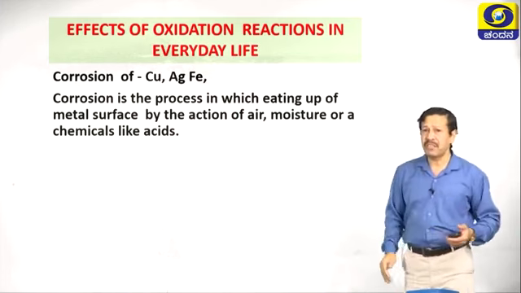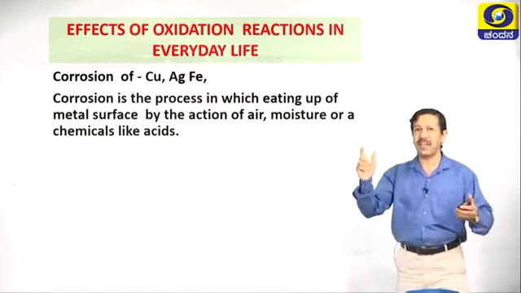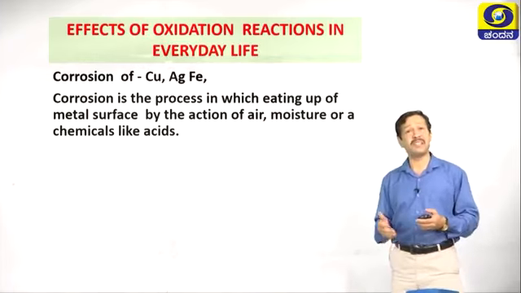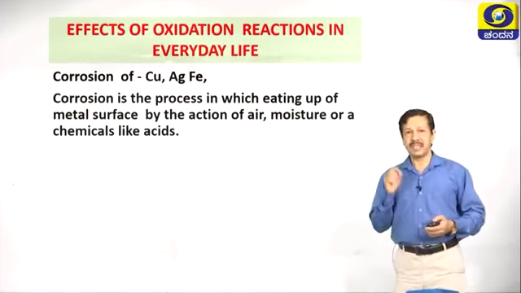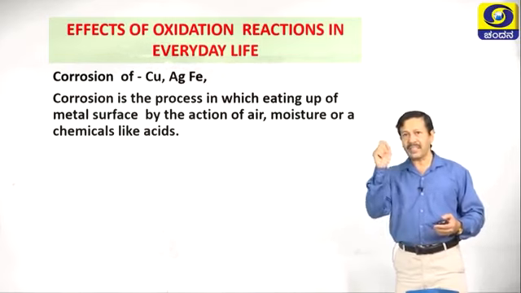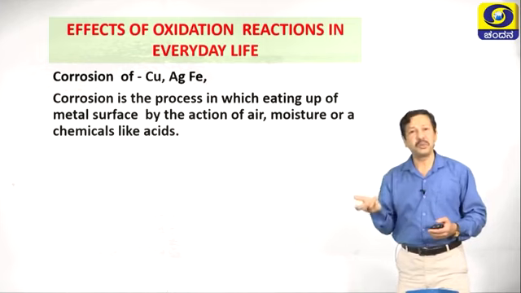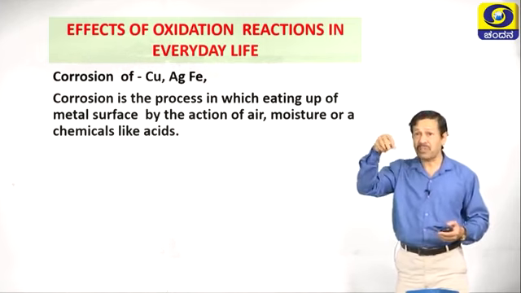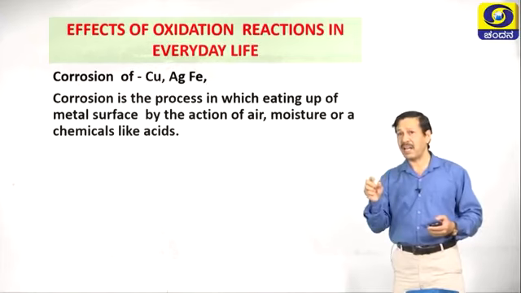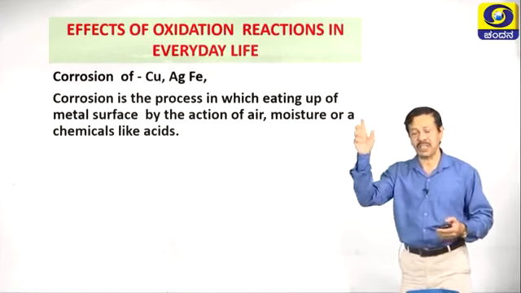Corrosion is the process in which eating up of metal surface by the action of air, moisture or a chemical like acids or salts. This process is said to be corrosion. Iron gets corroded on exposure to atmospheric oxygen and water and becomes rust, which is called hydrated ferric oxide.